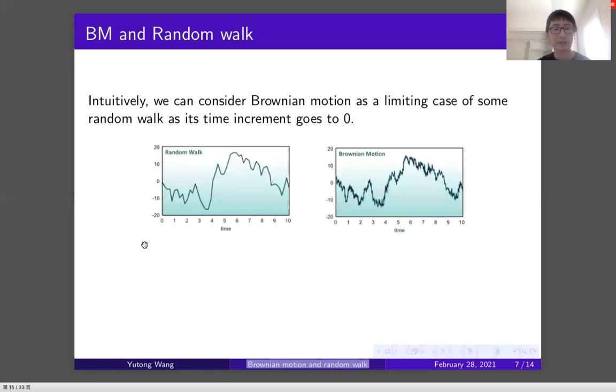Here, as you can see, there are two pictures of the random walk and Brownian motion during the same time period, which is 10 for both.